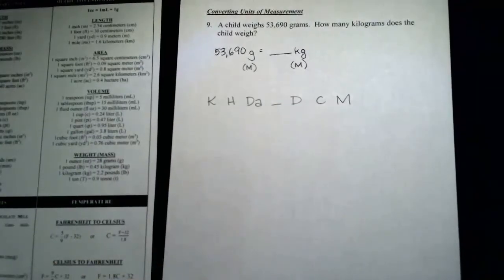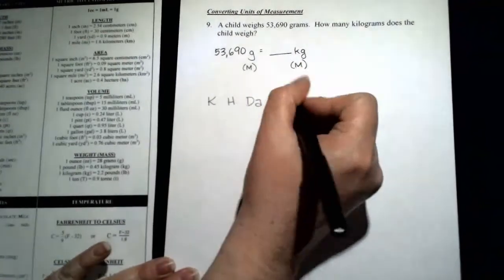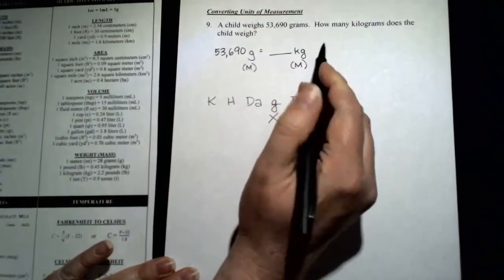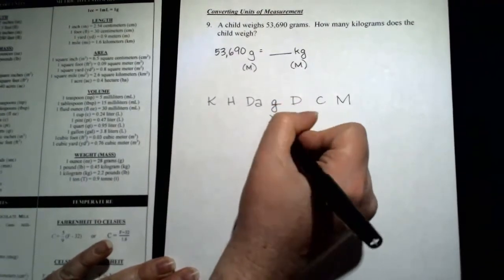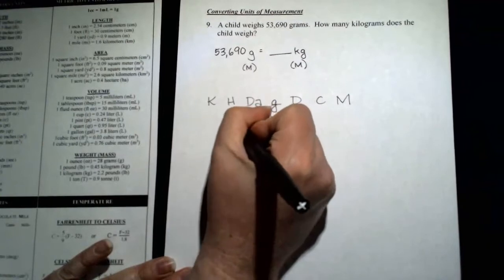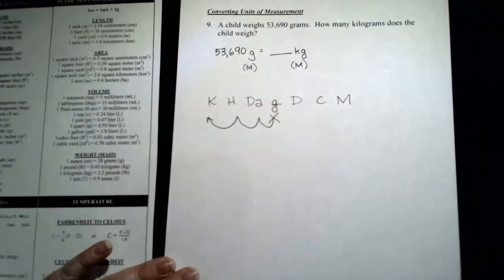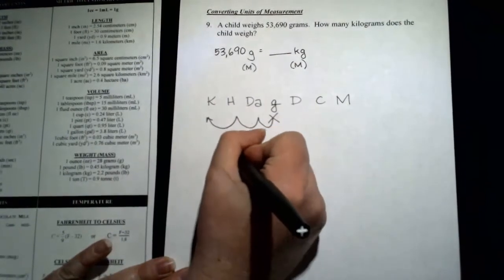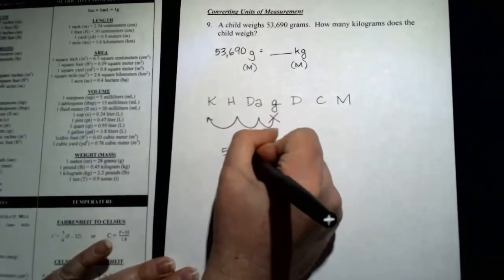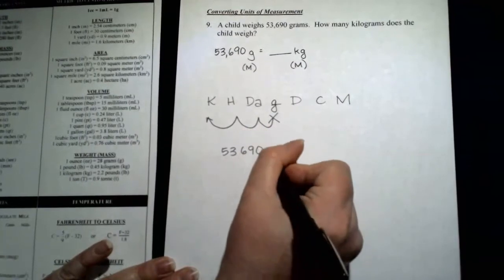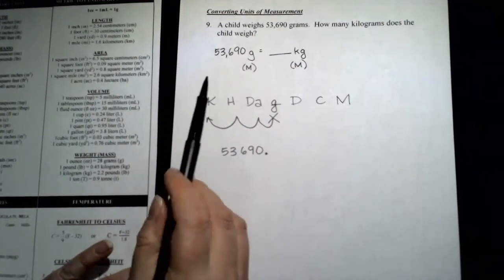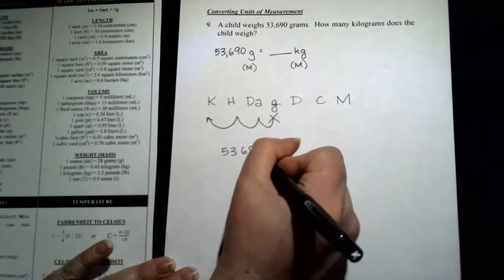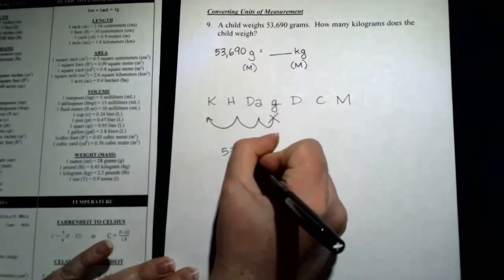Okay, so the base unit in this case is the gram, and that's where you're starting. And we need to convert it to kilograms, so we need to move it 3 to the left. So starting at the end, since this is a whole number, decimal's at the end, we need to move it back 3. 1, 2, 3.